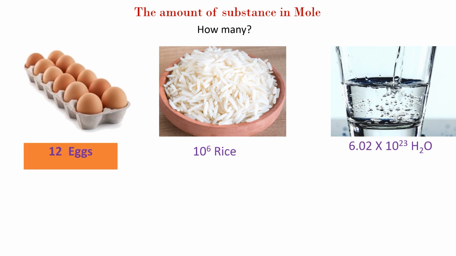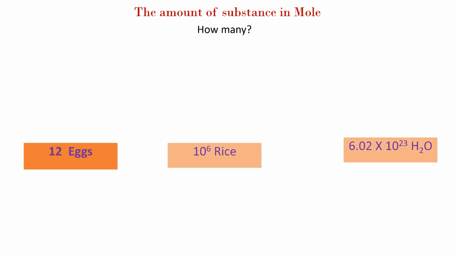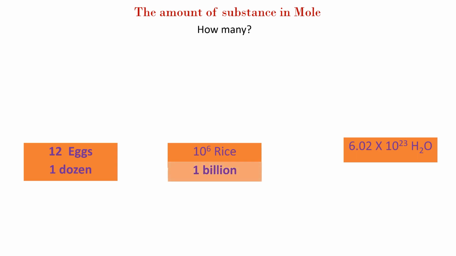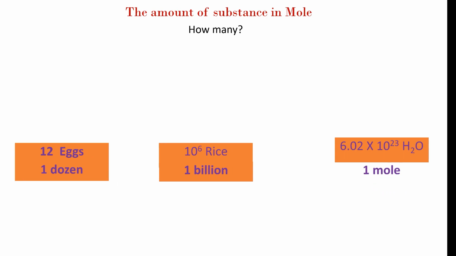When 12 eggs or anything together, we call this 1 dozen. And when 10 to the power 6 number of anything together, we call this 1 billion. And when 6.02 into 10 to the power 23 of anything together, we call this 1 mole.